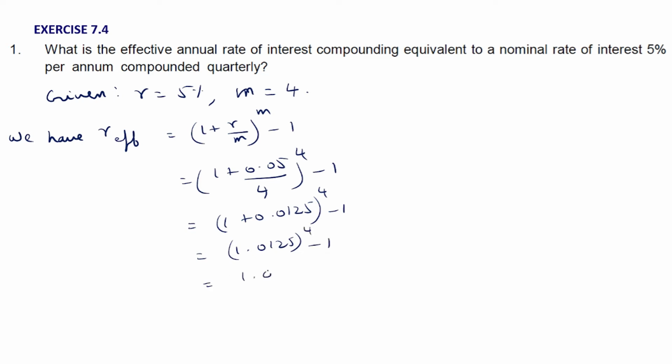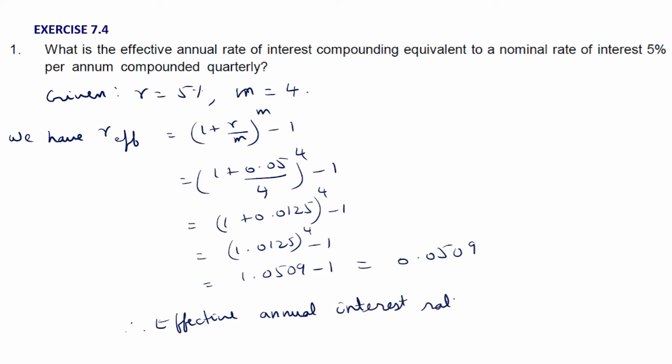This when we simplify is 1.0509 − 1, or it is 0.0509, which is 5.09%. Therefore, effective annual interest rate is equal to 5.09%.